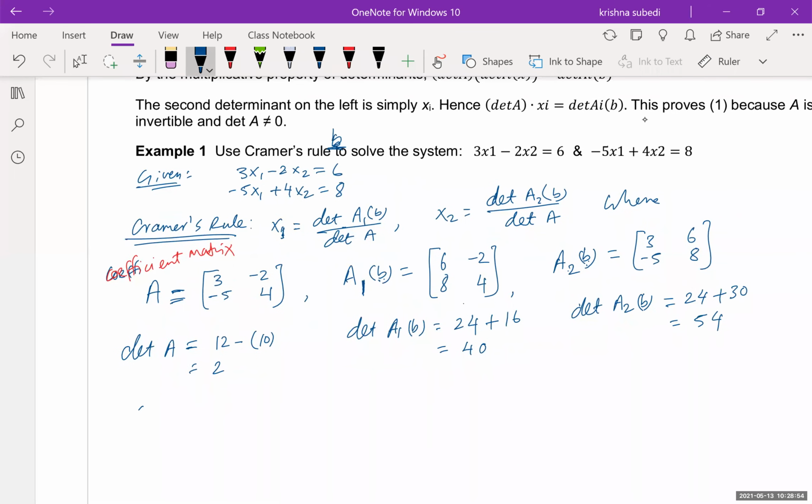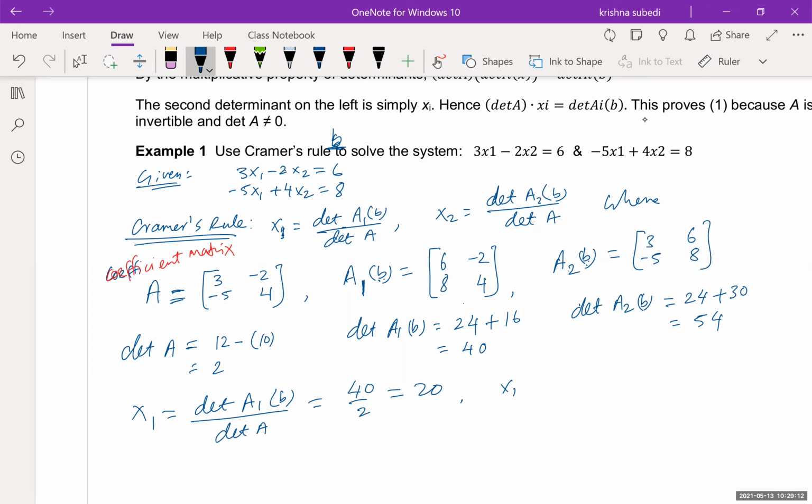Now your x1 is going to be, the formula is x1 is determinant of A sub 1 b over determinant of A, which is 40 divided by 2, that's going to give me 20.